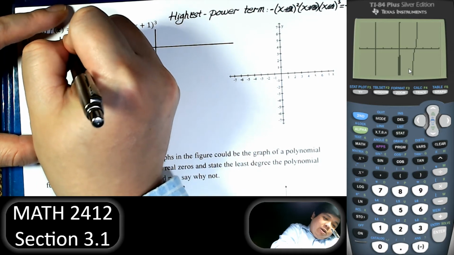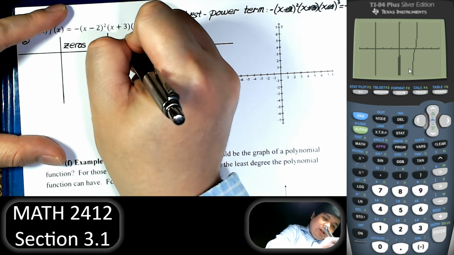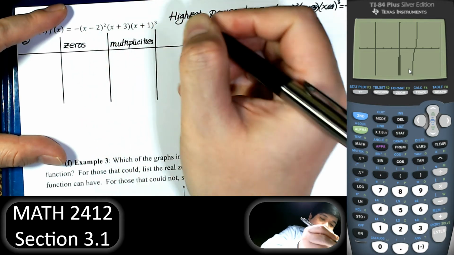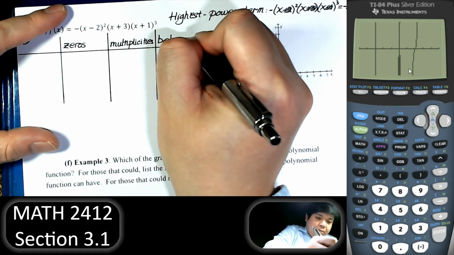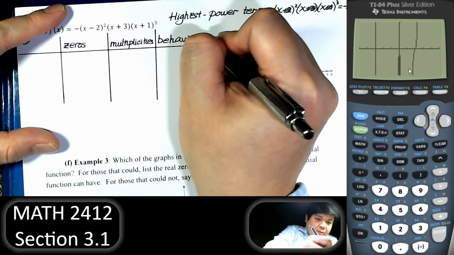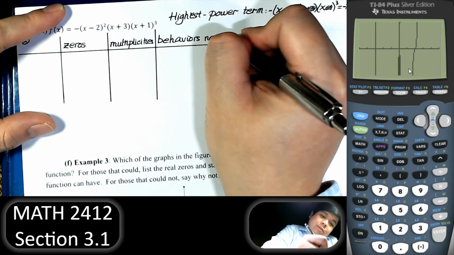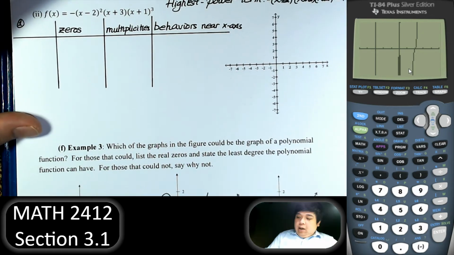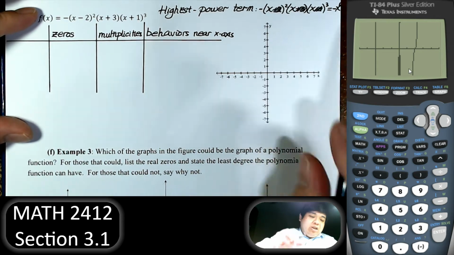Right, so we have zeros, multiplicity, and the behavior near the zeros or near the x-axis. Right, that's x, negative x to the 6.